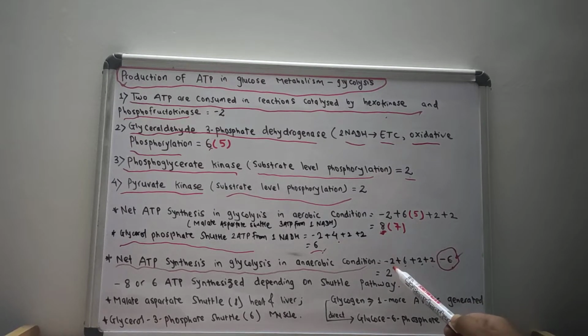So total 2 ATP is produced in the anaerobic condition.